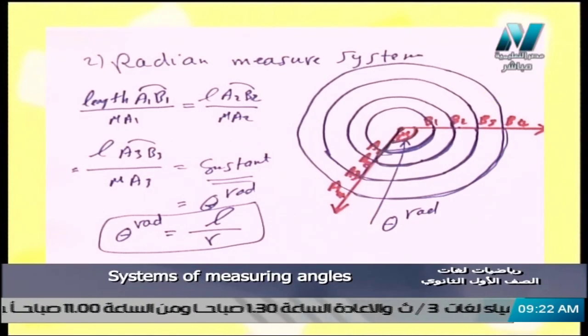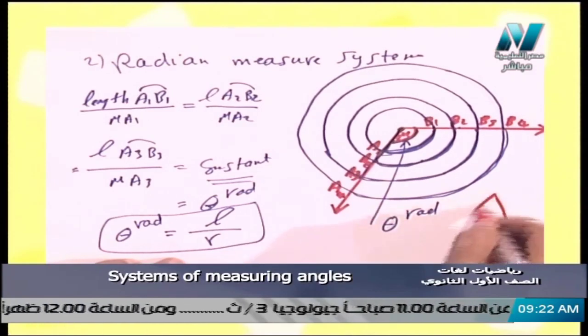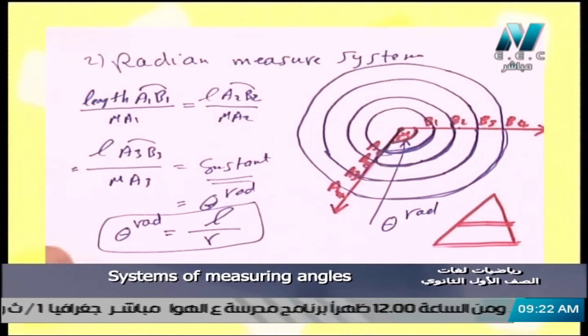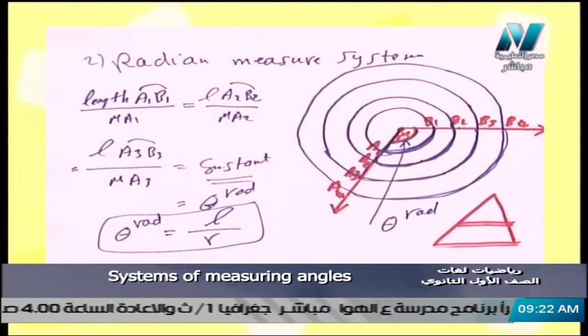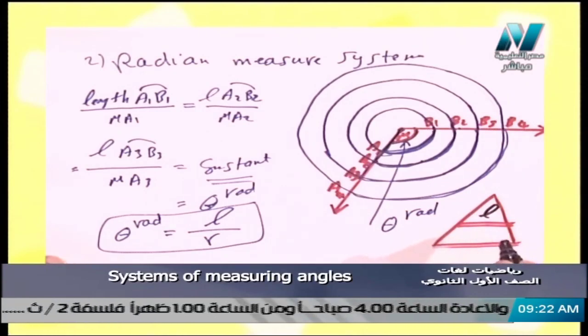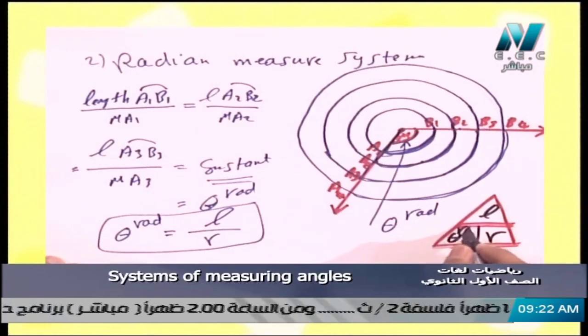And to make it easy for you, you can write a magic triangle like that. You can put here L and R, here theta rad.